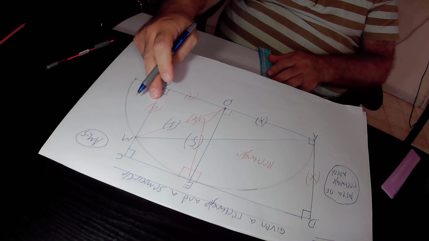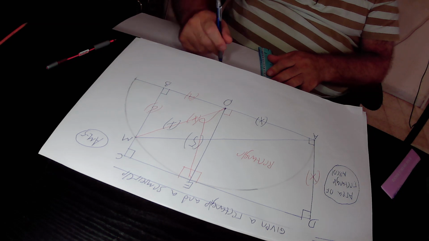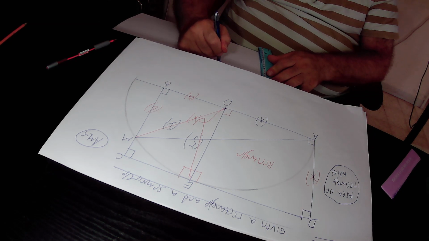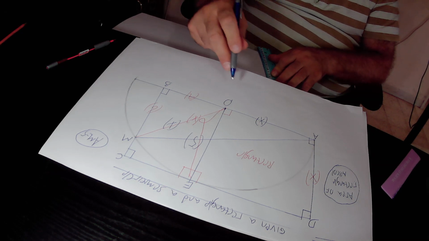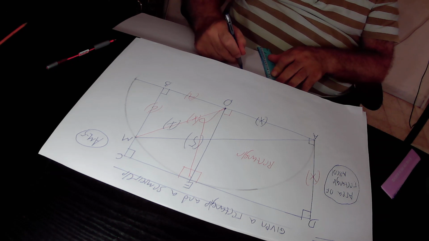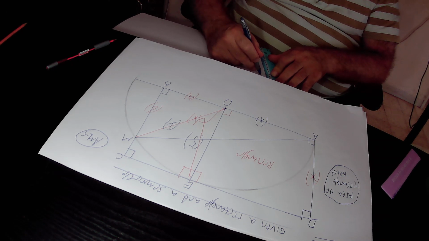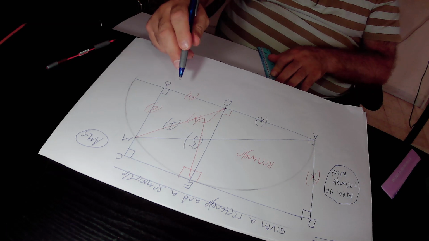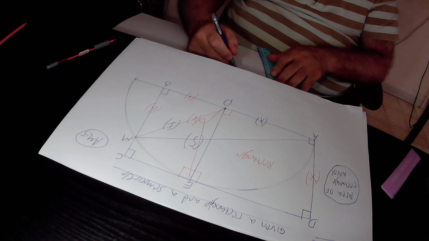Side MB equals B units in its length, according to our definition. Side BO equals A units in its length, also according to our definition. And the hypotenuse OM equals x units in its length.